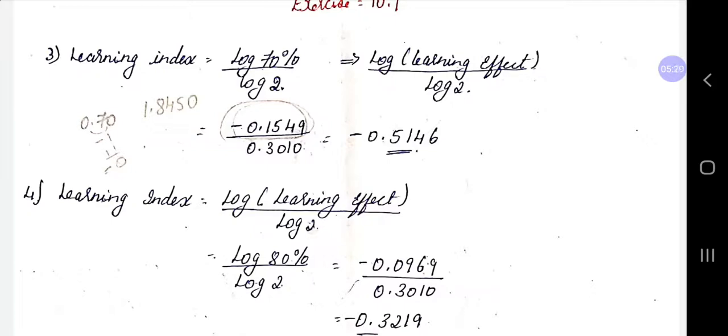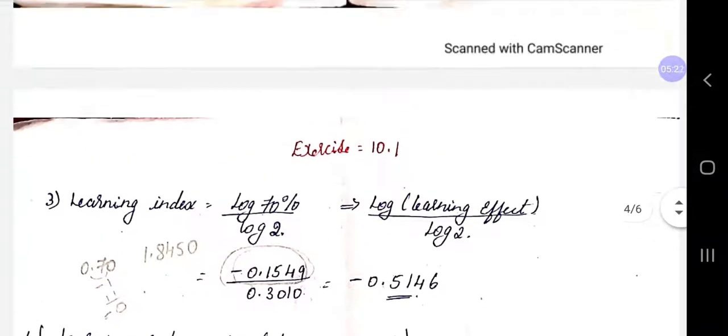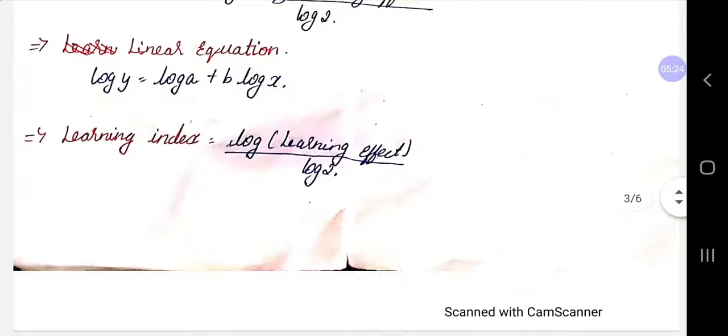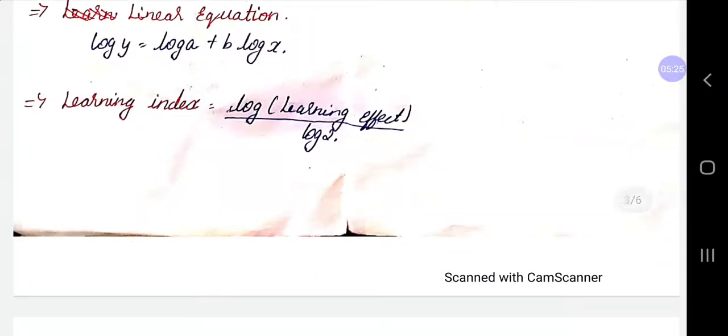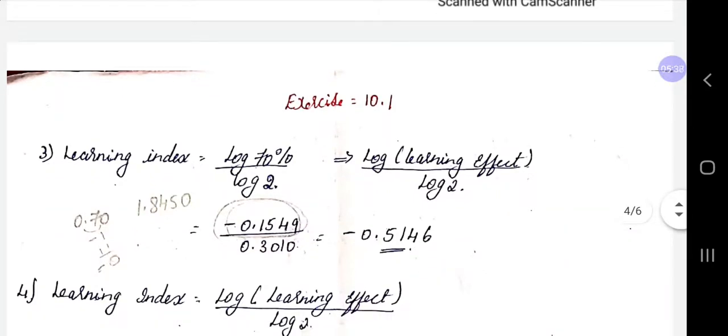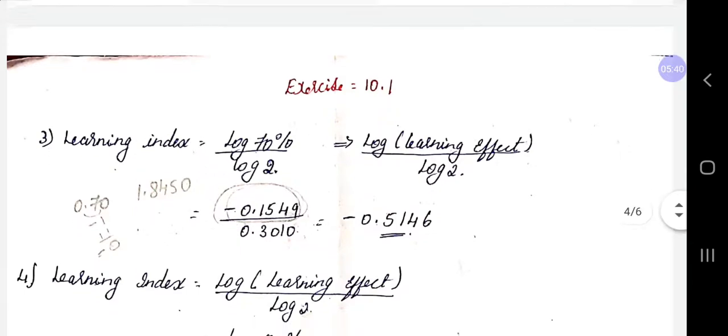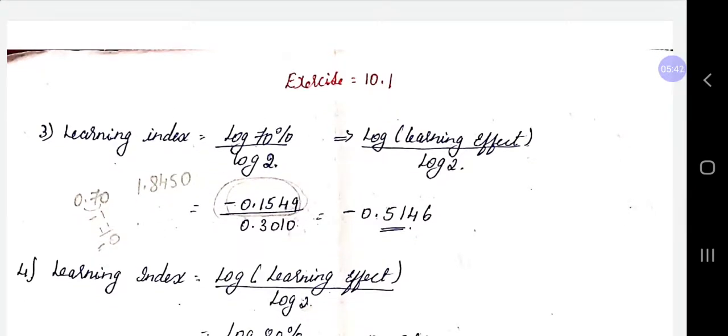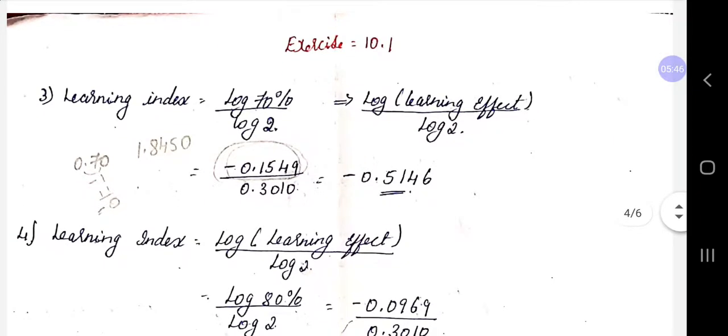They have asked us to find the learning index. Your learning index is log learning effect divided by log 2. The learning effect will be given in the question itself. So your learning effect is 70 percent. Learning index is equal to log 70 percent divided by log 2.